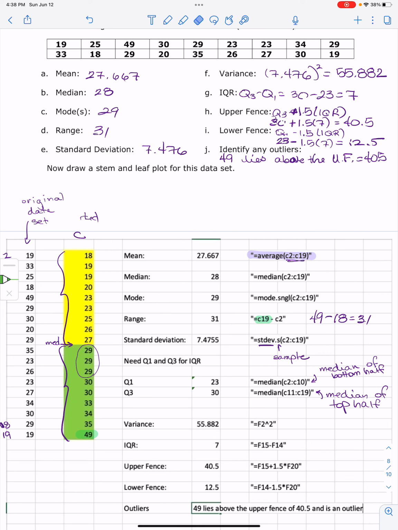Let me give myself a little room here for our stem and leaf plot. So we go from the 10s to the 40s. And I am again just using the table from above.